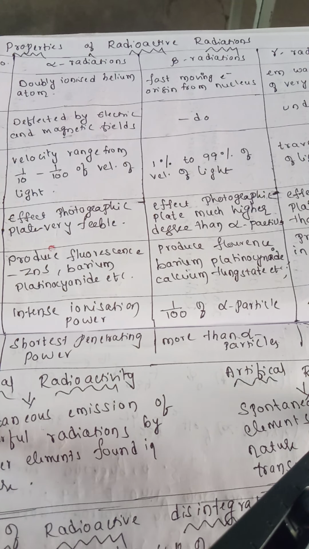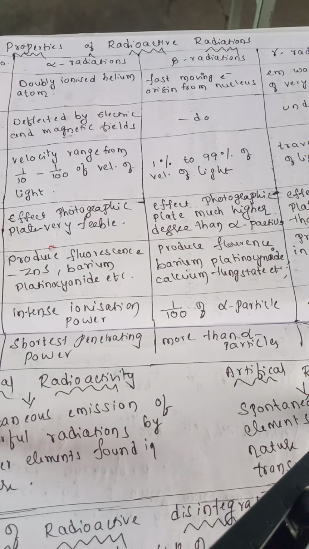It is the power of that particular radiation which can break molecules into ions. For example, NaCl into Na+ and Cl-. As alpha has high mass, its ionization power is more. As gamma radiations are nearly massless, their ionization power is feeble.